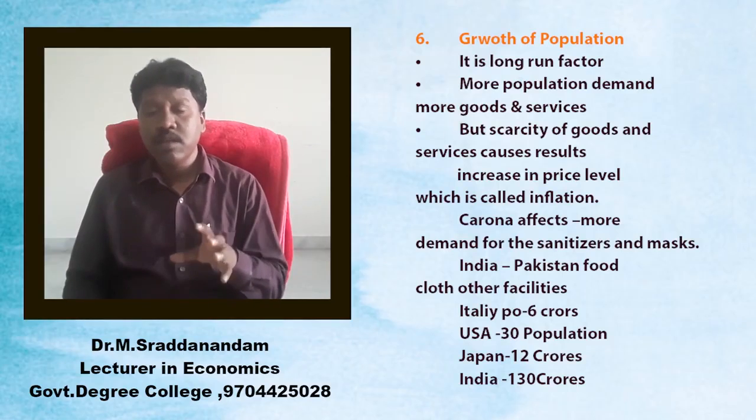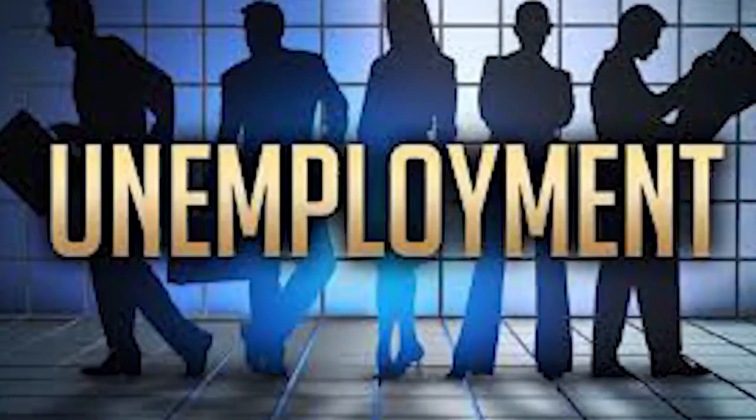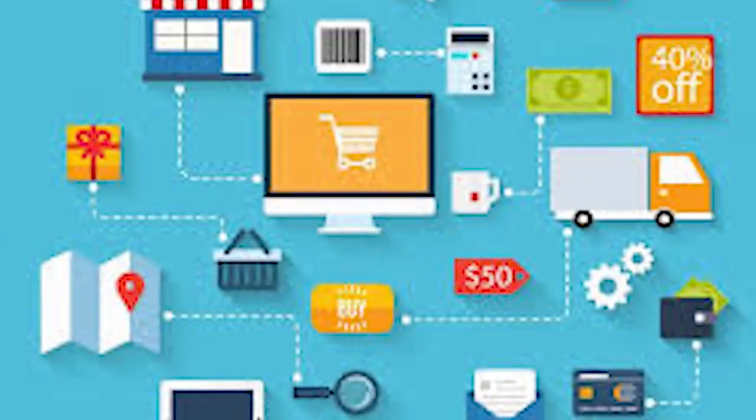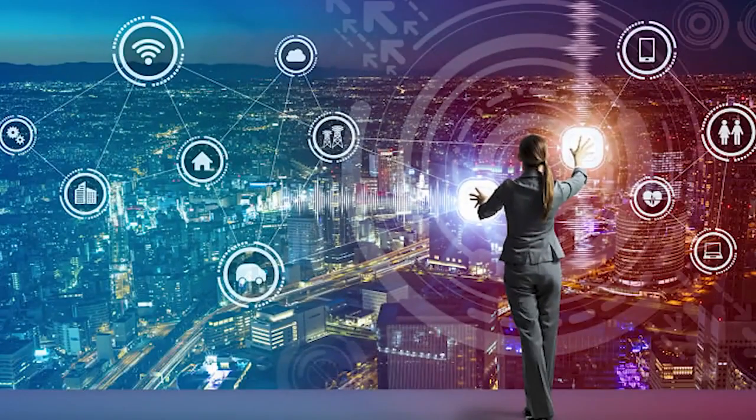If there is any burning problem in our country, particularly poverty, unemployment, income inequalities, or the expansion of different diseases, these are all the burning issues in our country. So here one of the major factors, one of the prime factors, is the growth of the population.